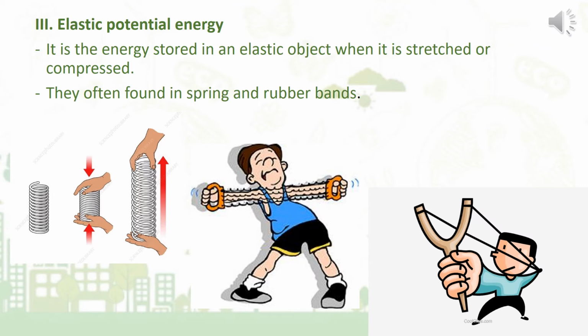Only when the spring is compressed or stretched will there be potential energy. Elastic energy in rubber bands is also the same. Only when the rubber band is stretched does it contain potential energy.